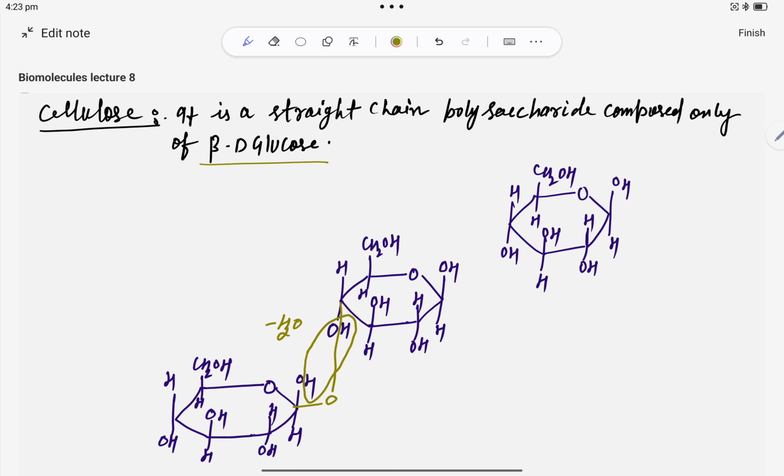Similarly, here also water will be removed and they will be connected with oxygen.